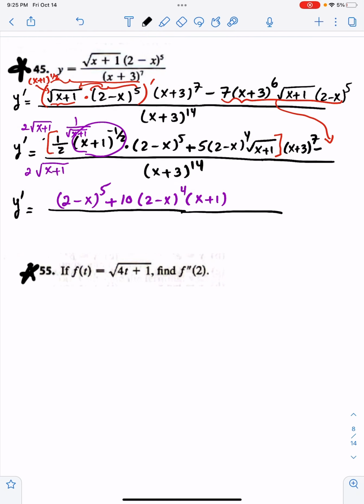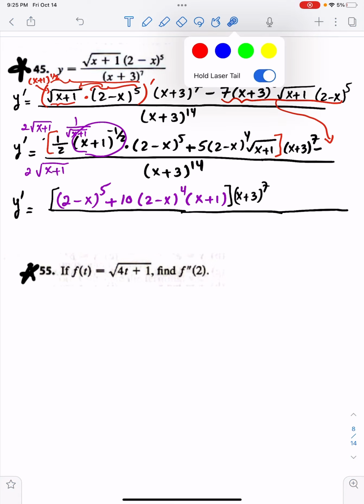And then everything multiplied by (x plus 3) to power 7. We still are multiplying by this radical since it's by everything. So it would be by the next radical that we said we're going to copy down at the bottom.